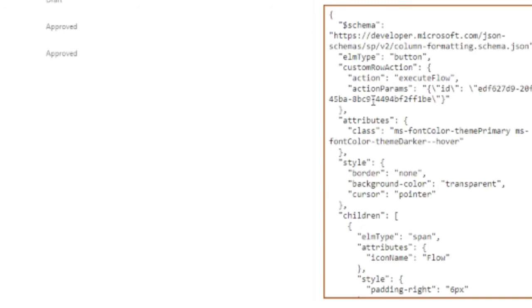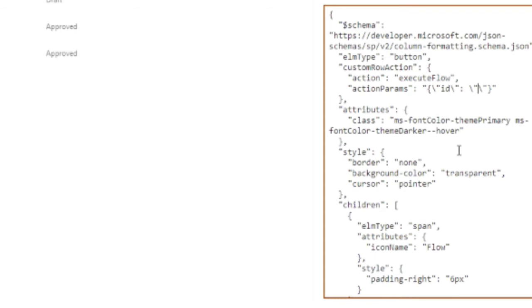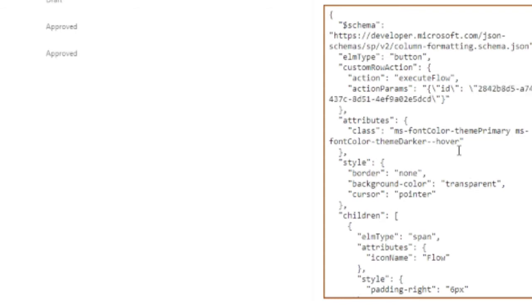What you want to do is grab the value that's already in there, get rid of it because it's just a sample one, and you want to replace it with the ID that you pasted. Okay, it goes inside the double quotes and just before a backslash at the end there, so very careful.